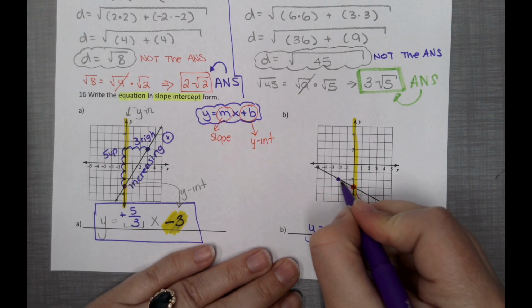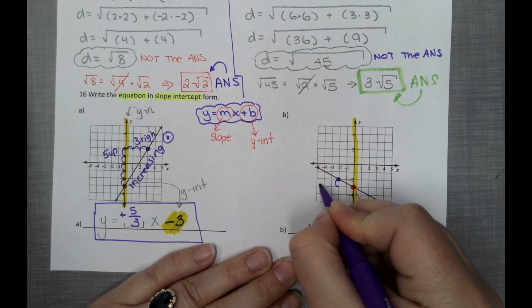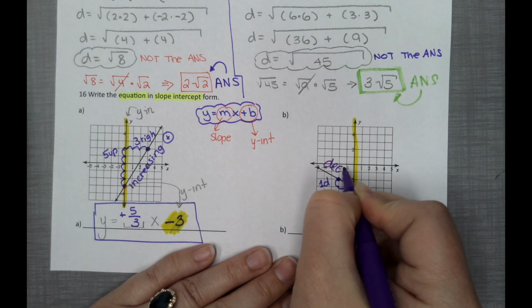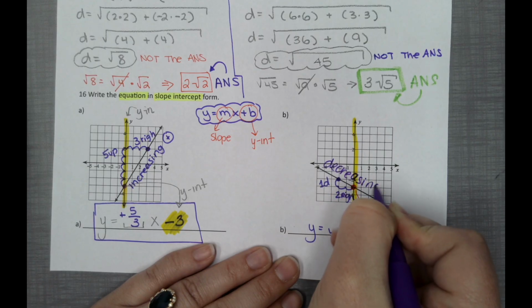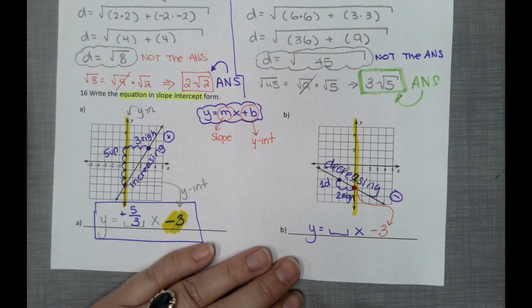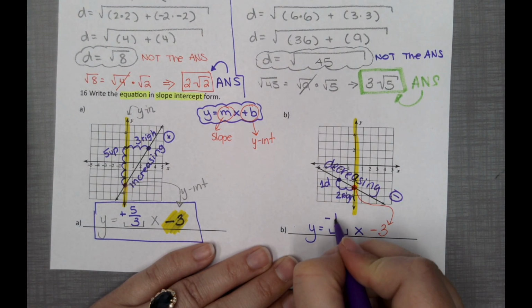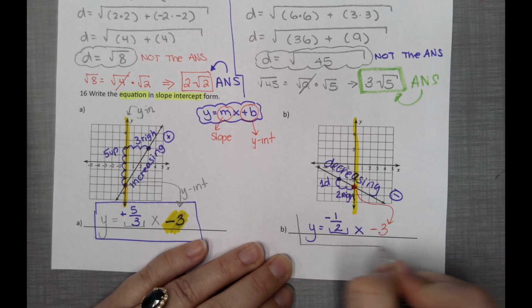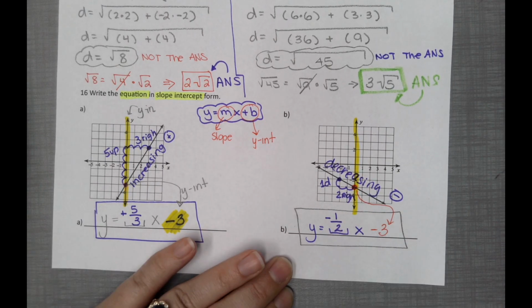And let's count. So this time I'm actually going down 1 and 2 to the right. Notice how we are decreasing. We're going downhill, so that means my slope is going to be negative. So I have -1 over 2 as my slope, meaning all of this is my answer to the equation question.